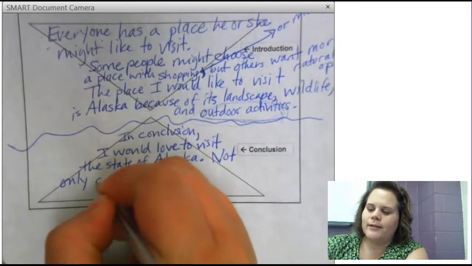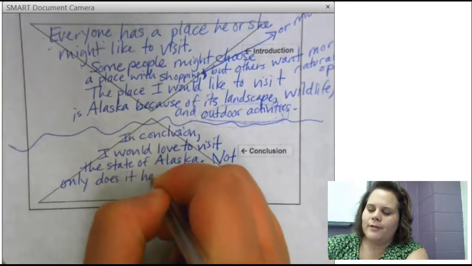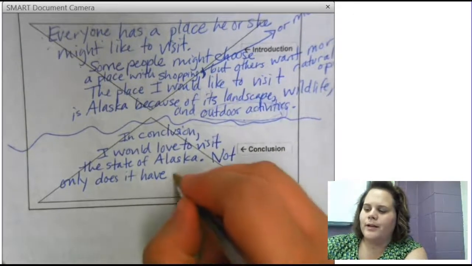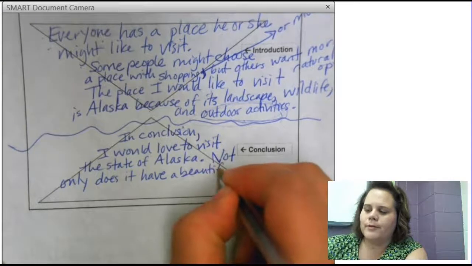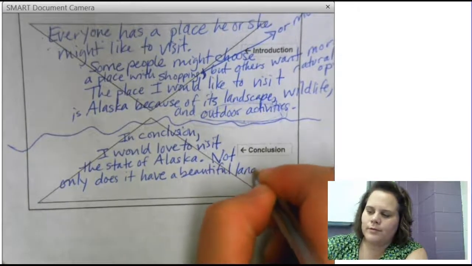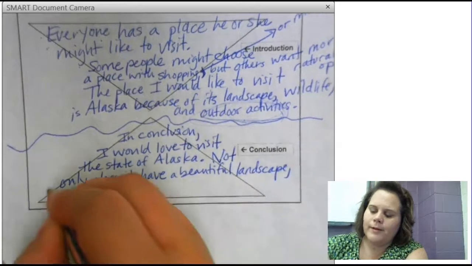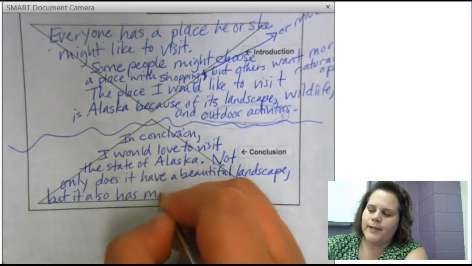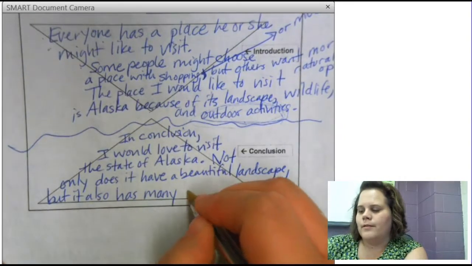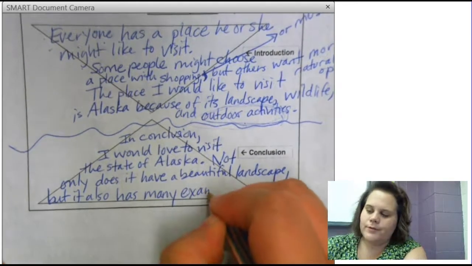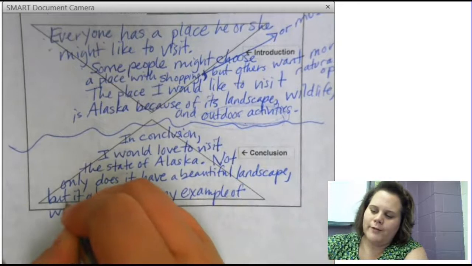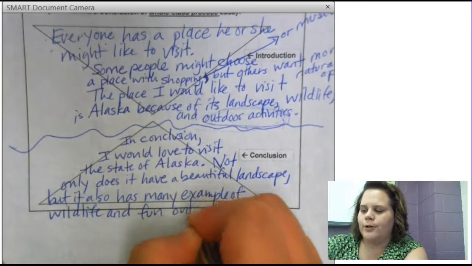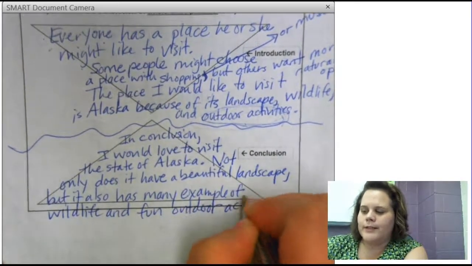Not only does it have a beautiful landscape, but it also has many examples of wildlife and fun outdoor activities.